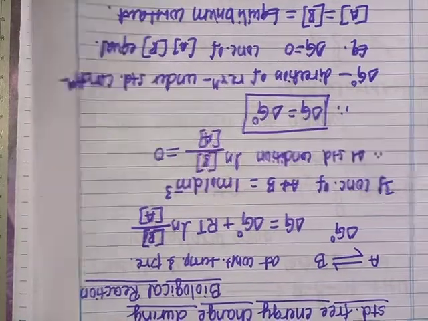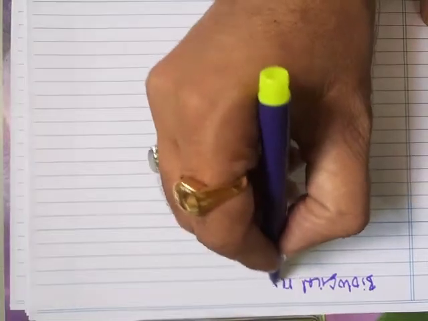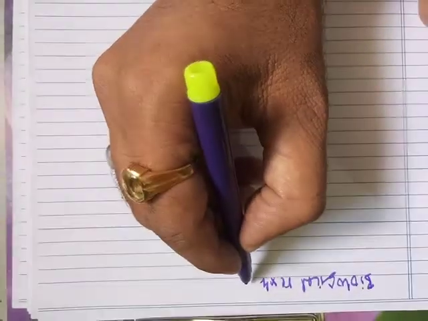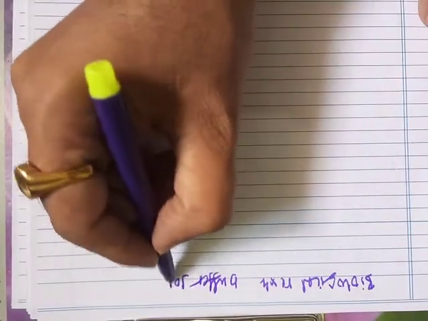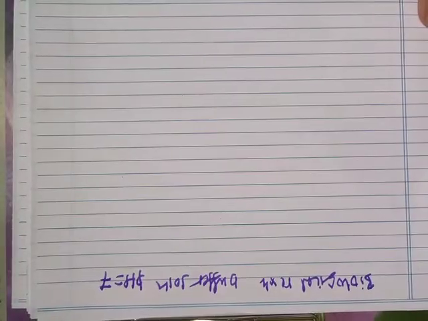Now, biological reactions. The biological reactions occur in the cell in a well buffered solution, where the pH is equal to 7.